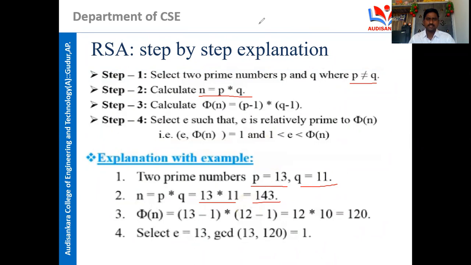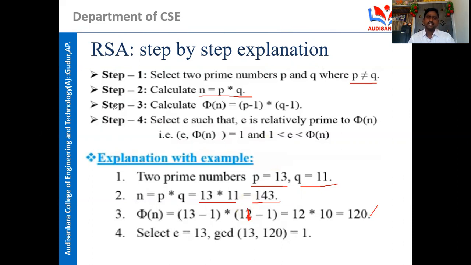Sorry, here a mistake, q value is 11. So it is 11 minus 1. 13 minus 1 is 12, into 10, 120. So the phi of n is equal to 120.